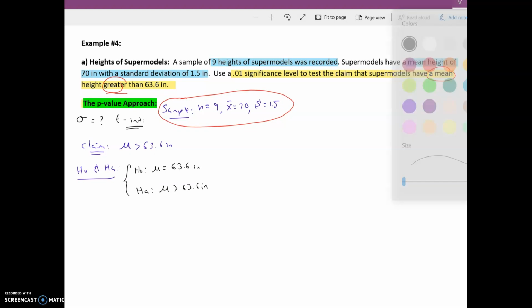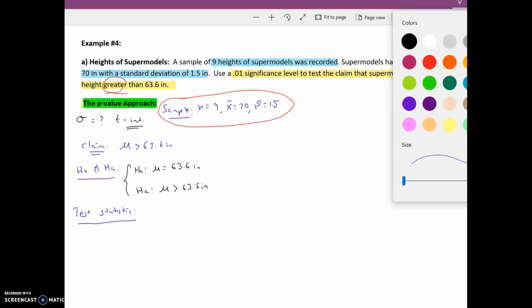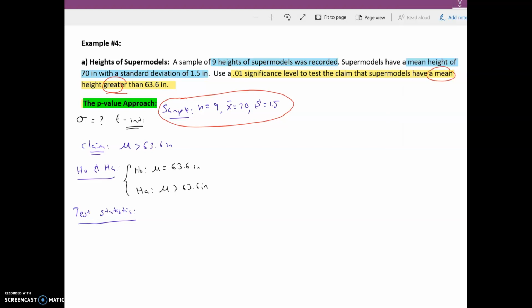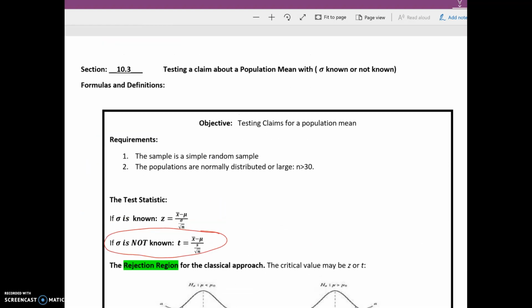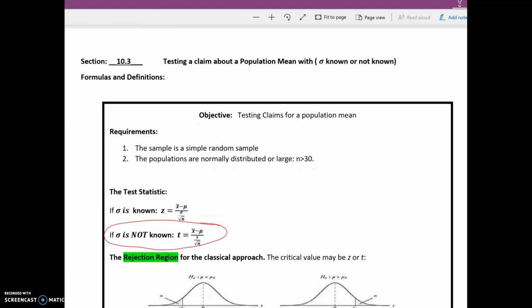The next portion of the problem is the test statistic. Now, our test statistic, we don't have the value of sigma, so it's going to be a t value of the following form: x bar minus mu divided by s over the square root of n.